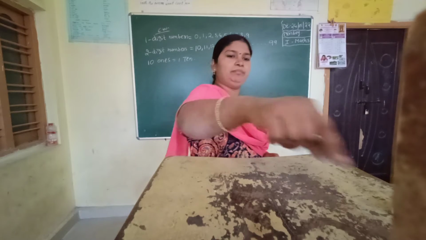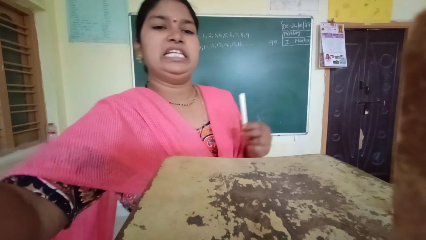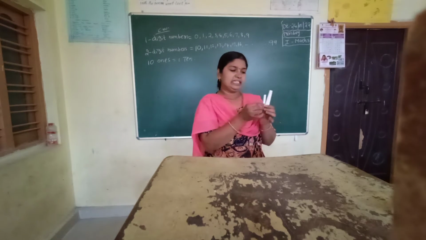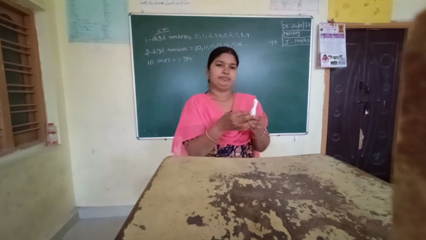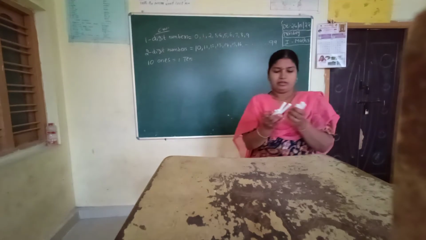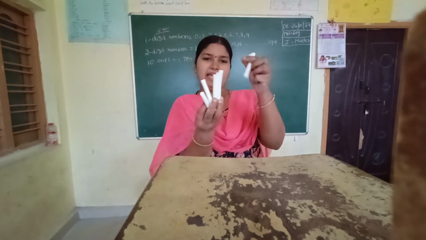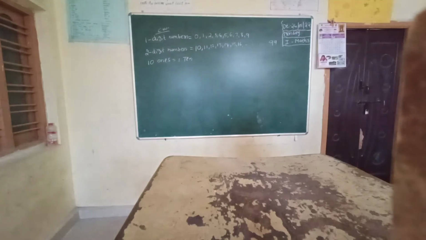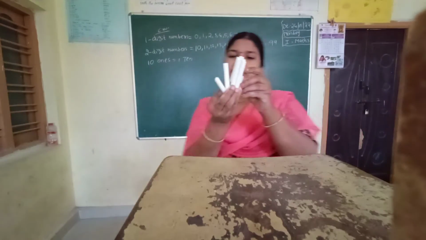For example, what is this? A chalk piece. See, it is one chalk piece, and one more chalk piece. Like this we are adding up to 10. 1, 2, 3, 4, 5, 6, 7, 8, 9, and when we add one more, 10.